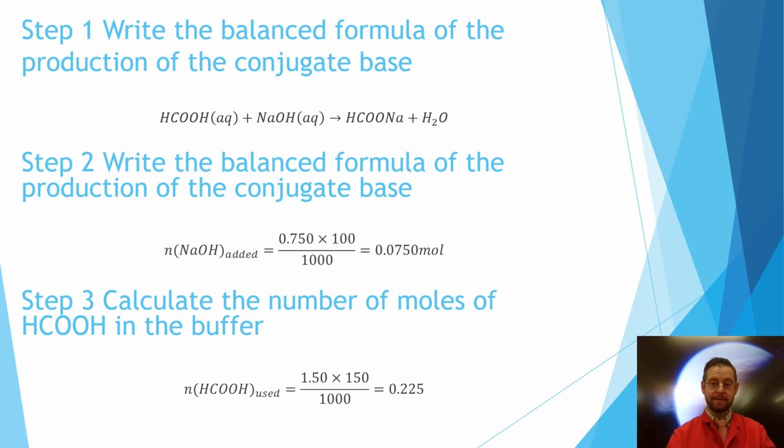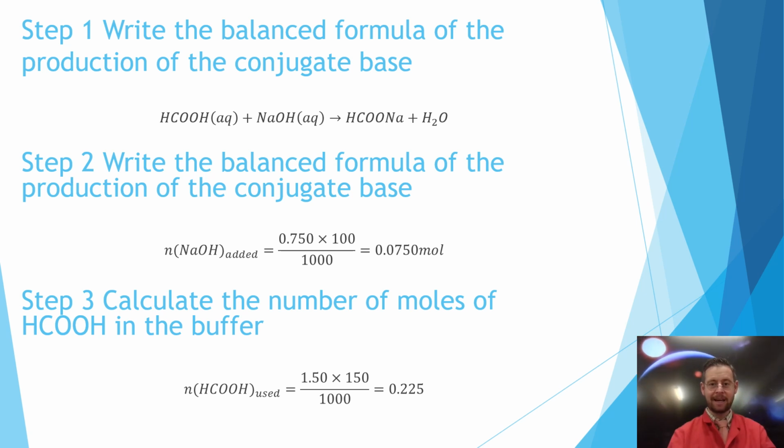If we remember that to work out the number of moles when we've got a volume and a concentration, n equals CV, the concentration times the volume. So what was the volume?